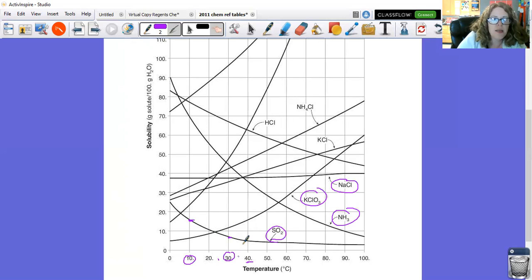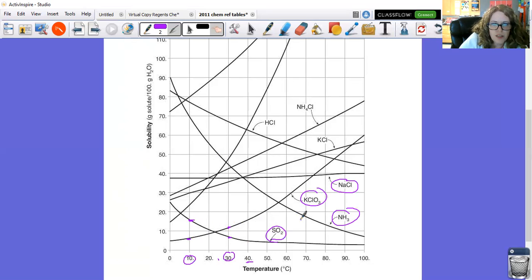That's just about 10. Now if I'm looking at the KClO3, I'm going from here, which is 5, to just a little bit above 10. Well, let's say 6 or 7.